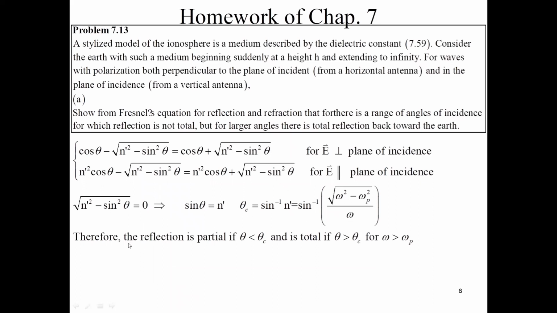So we know that when theta is smaller than theta c, the reflection is partial, and when theta is bigger than theta c, and omega is bigger than omega p, there will be a total reflection.